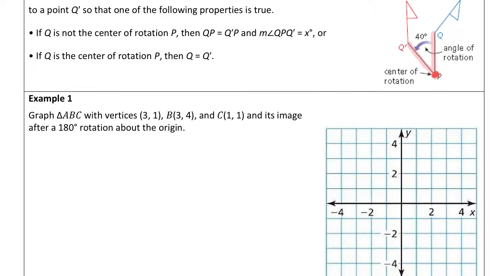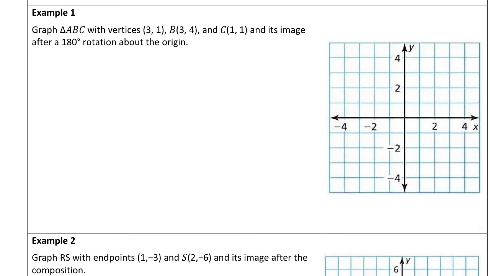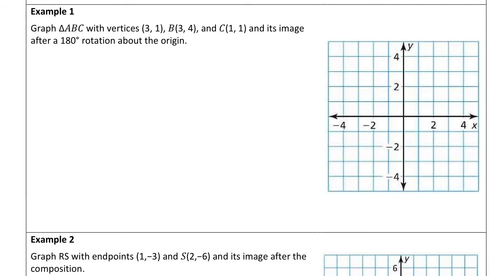So what we're going to talk about is rotating figures different amounts of degrees. In our first example, we are rotating this triangle 180 degrees around the origin. I'm going to show that the origin is our center of rotation, and I'm going to graph our triangle first.